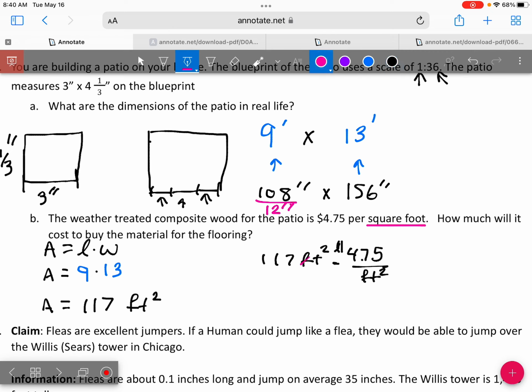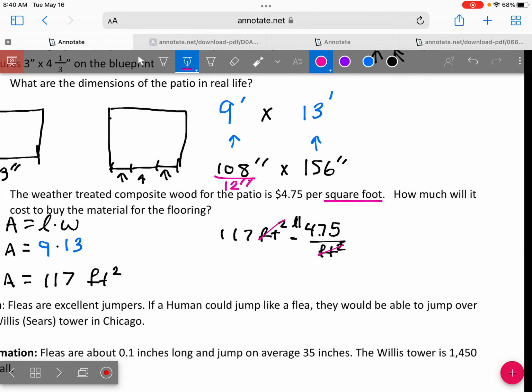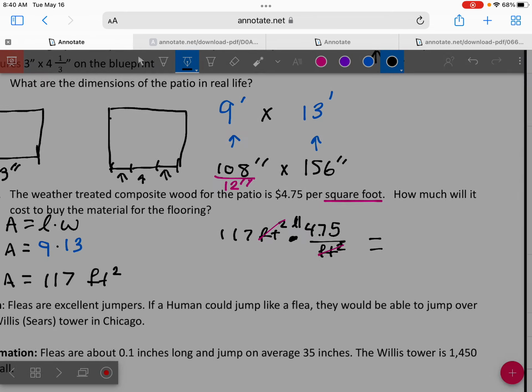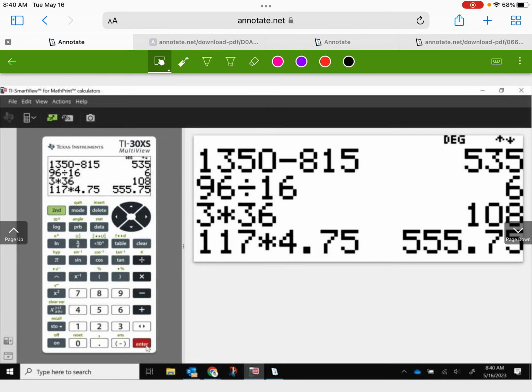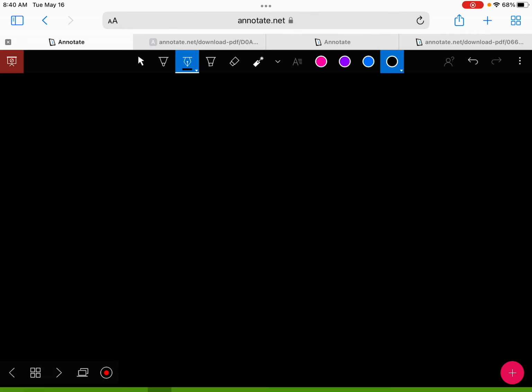That gets our units to cancel, and we'll be left with just dollars. That is a multiplication. So we're going to take our 117 times 4.75, and we get $555.75.